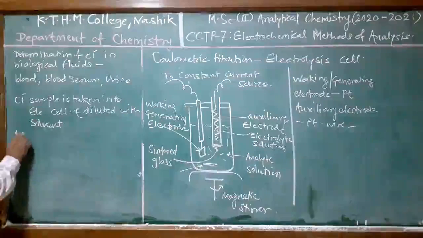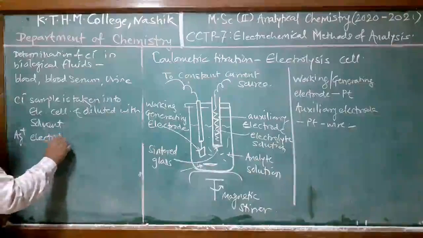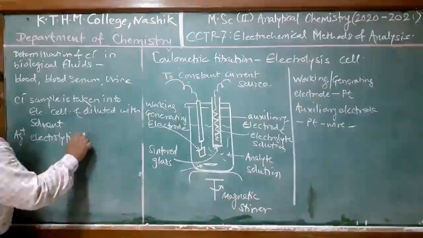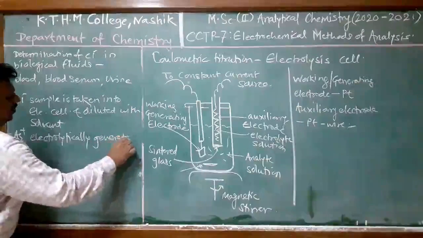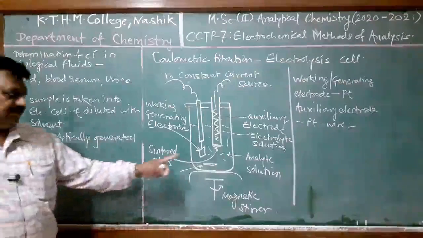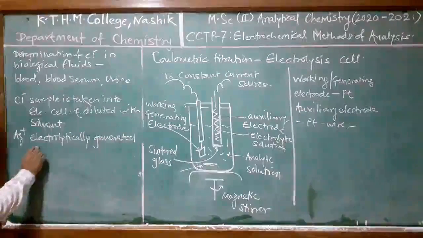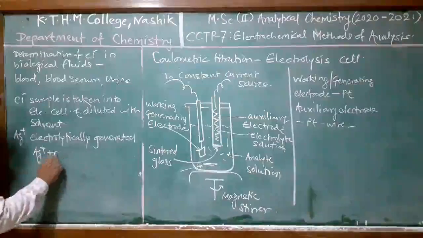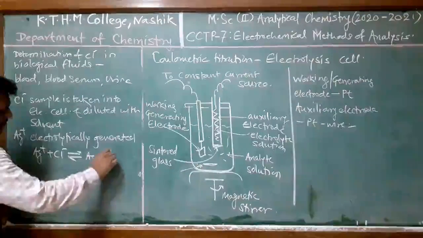Therefore, Ag plus ions are electrolytically generated on the working electrode, and the generated Ag plus ion easily reacts with Cl minus ion, giving the precipitate of AgCl.